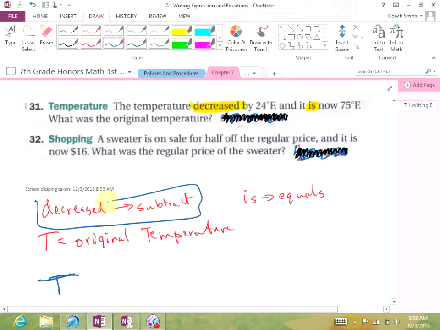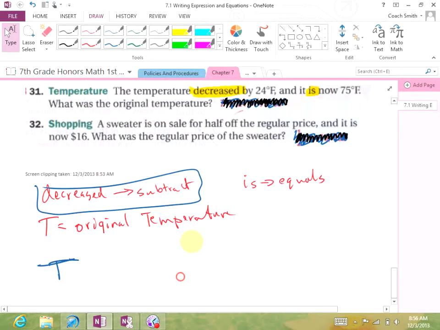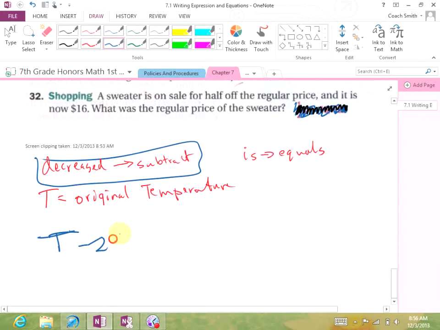We decreased it. So we subtract 24, and that is going to be equal to what? 75. Okay? That's the equation part.